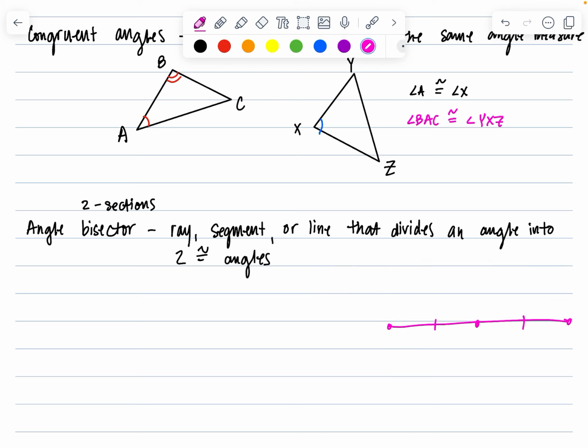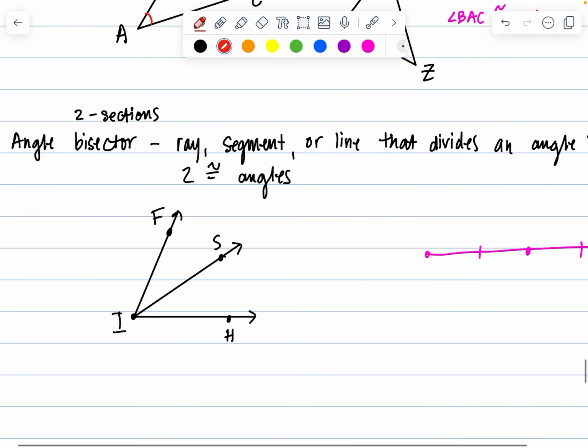Except this time around, I'm going to just keep this to the right as a visual. If we have, for instance, let's use black, an angle here, and let's say, for instance, we have F, I, and then call this H, and then straight down the middle of this, we have a point S. We could indicate on this diagram an angle tick marker of 1, another angle tick marker of 1, that these two angles in particular, now we have to name them because if you notice, if I called angle I, we have multiple angles there, so we can't say angle I, we have to name the long way.